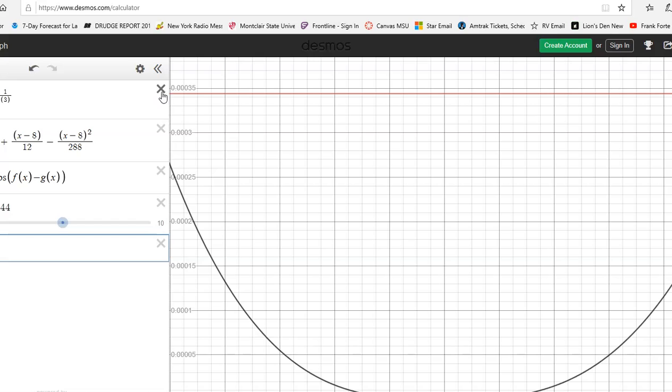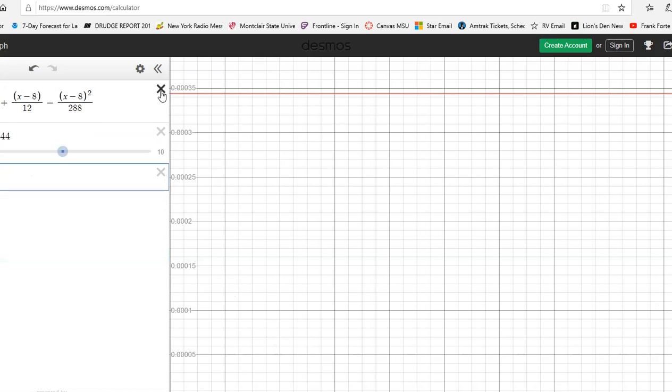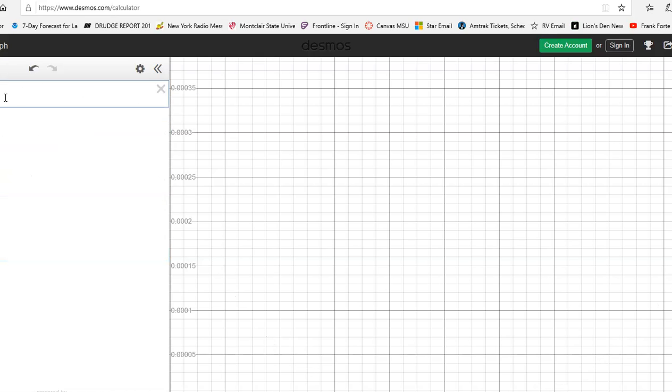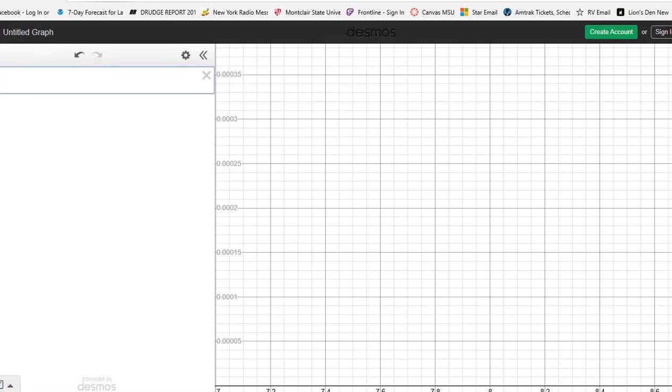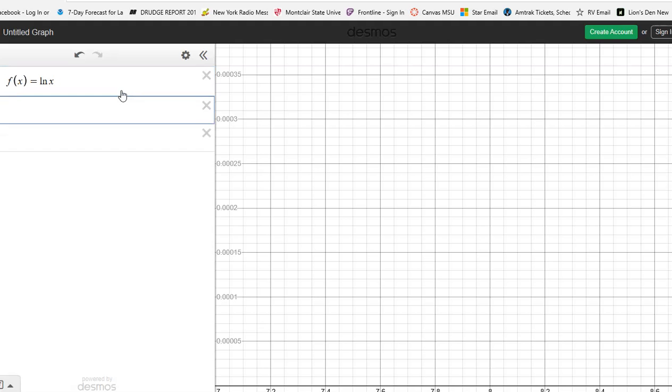So I'm going to go back to trusty old Desmos, and I'm going to get rid of everything that I have. I could have left that 1 in there. Yeah, that's all right. So just so you can see what I'm typing in here, I get y equals the natural log of x. Actually, let's call this f of x. Then g of x will be my polynomial approximation.